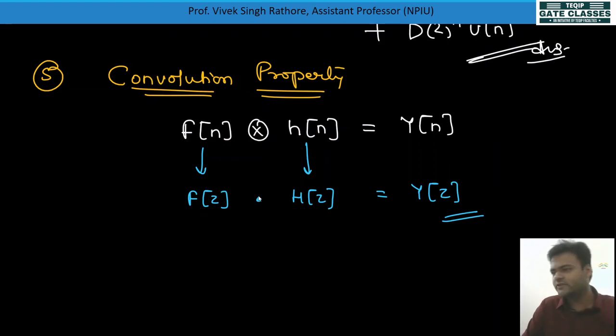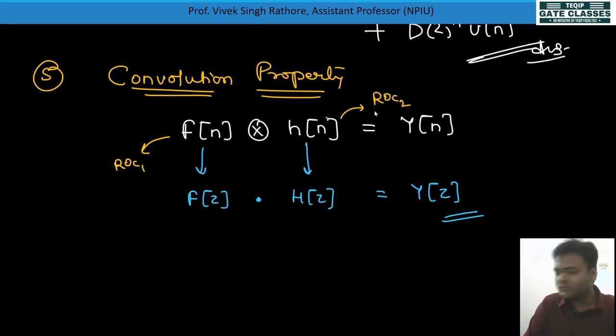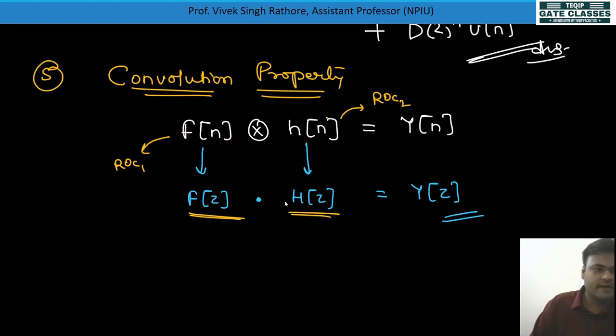Now tell me what the ROC will be if this signal has ROC, let's suppose, ROC1, and let's suppose this signal has ROC number 2. Overall the ROC will be common to them. Total ROC will be that of f of z into h of z.